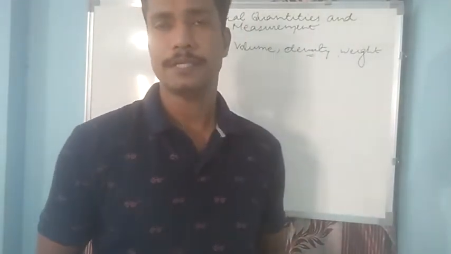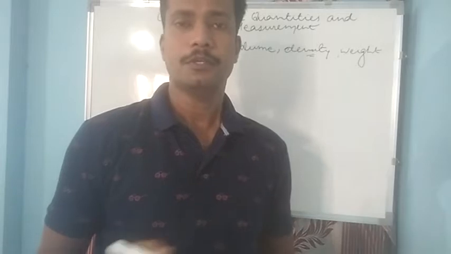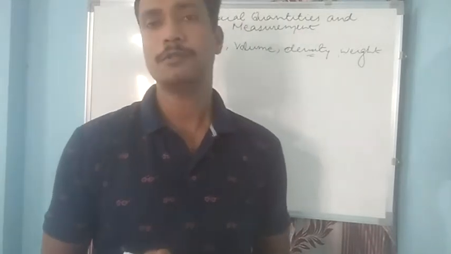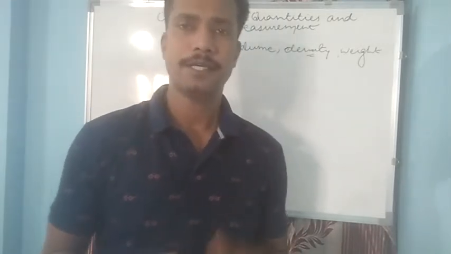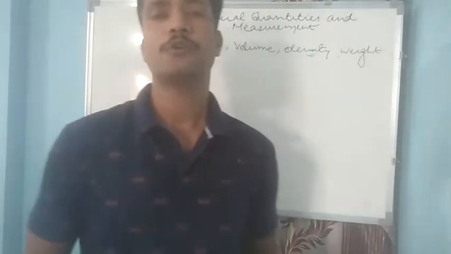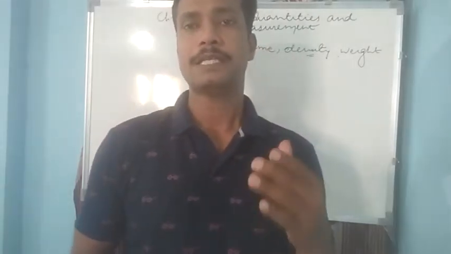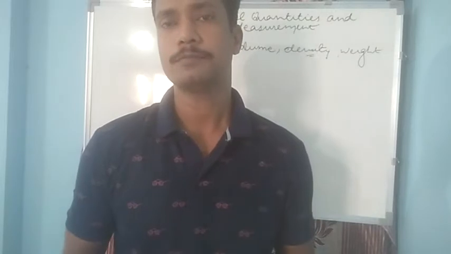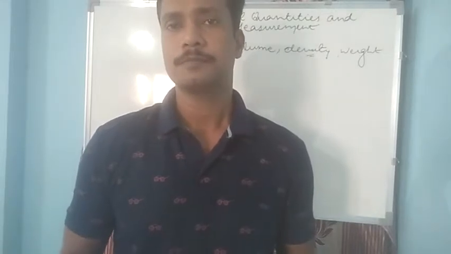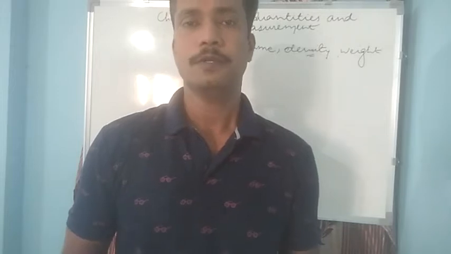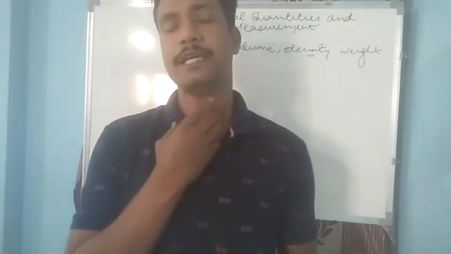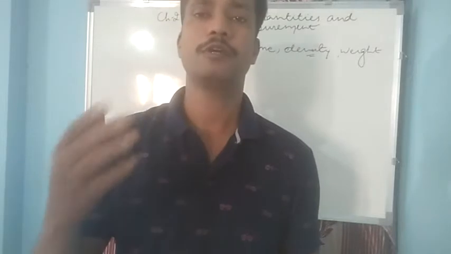So, what is density? You have already studied it before also. Density is mass per unit volume of a body. Density plays a very important role in determining whether the body is going to sink in water or float in water.